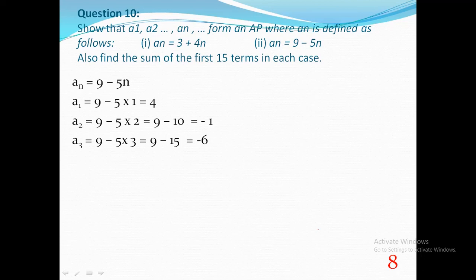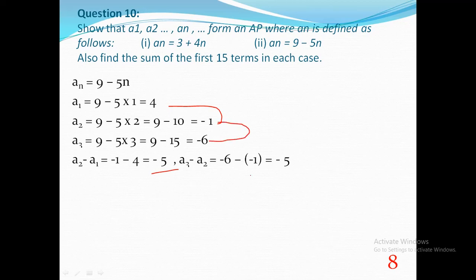So whether these numbers form an AP or not, we have to check. Now this is A1, this is A2. A2 minus A1 equal to minus 1 minus 4, which is minus 5. Then A3 minus A2 is equal to minus 6 minus of minus 1, that is minus 5 again.